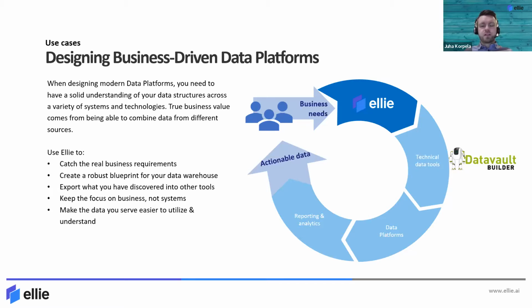As Peter will demonstrate very soon, we'll see how that works with the excellent APIs in both tools. You take the entities that have been well defined and understood, based on the common business glossary, from Ellie, put them into Datavault Builder, and start creating your data vault structures in whatever database technology you might be using.